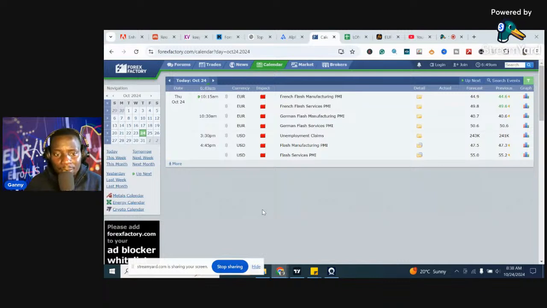The reason I check out this particular website to know exactly the time these red folder news events are going to be dropping is simply because I do not want to fall prey to the market volatility that happens during these news events.